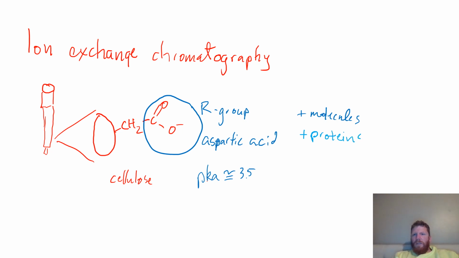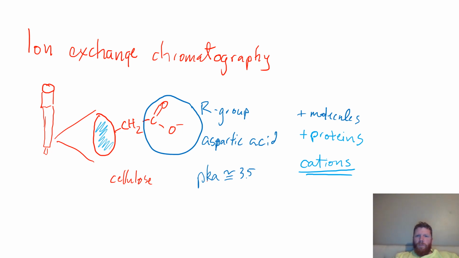So whenever you see a bead that has a negative charge to it, what is that going to attract? That's going to attract cations. Now, with those cations, that is the way that we're going to use the molecule that we would aim to attract to describe or to further define this type of column chromatography.